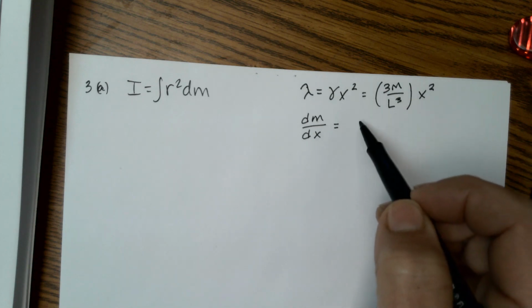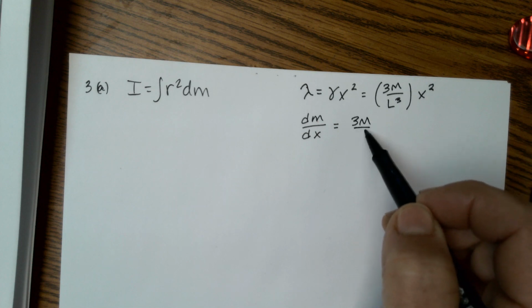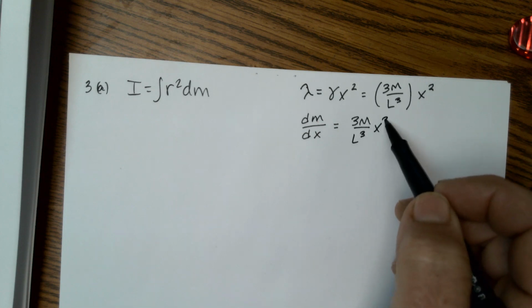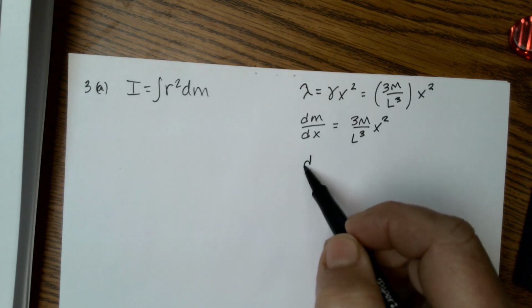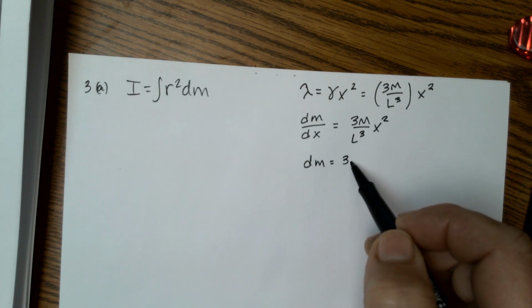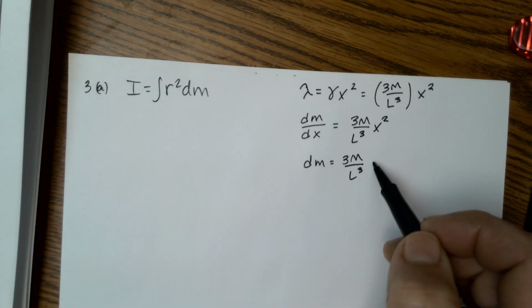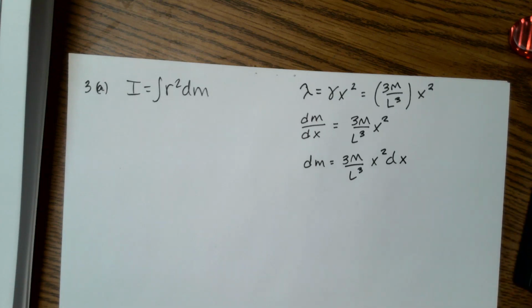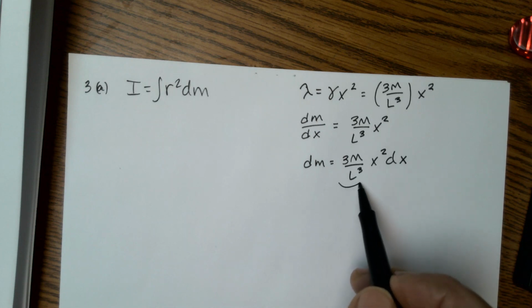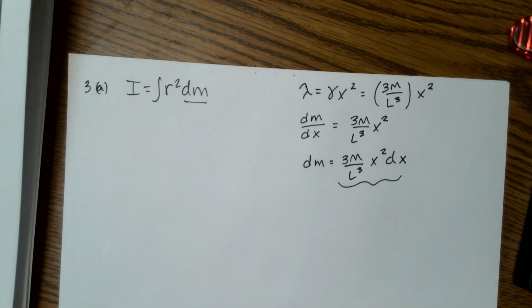So dm/dx is 3m over L cubed x squared. I can solve this for dm, and I find that dm is 3m over L cubed x squared dx. This is my substitution for dm here.